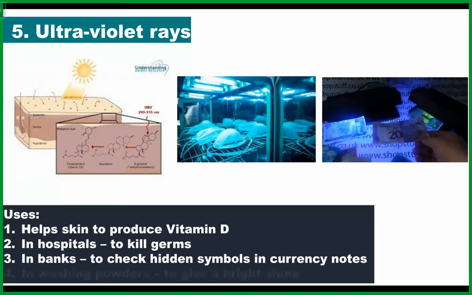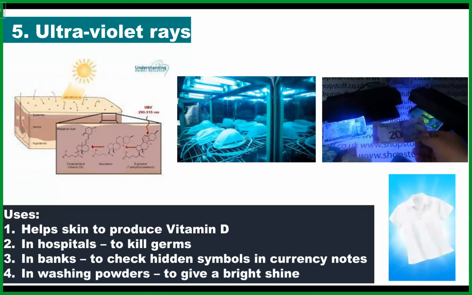Then another application of ultraviolet is that it is also used in washing powders. Certain washing powders have the ability to release UV rays, which would give a bright shine to the clothes being washed. So this is what you need to know about ultraviolet rays.